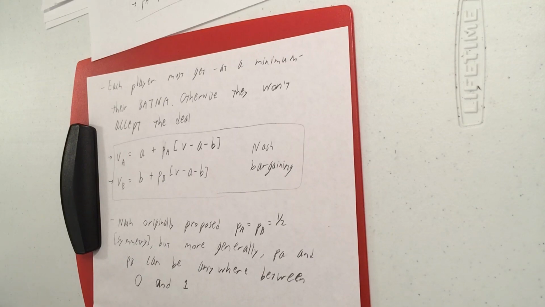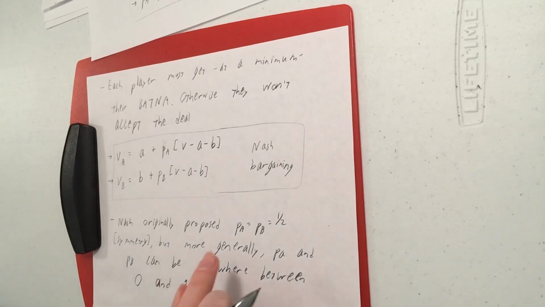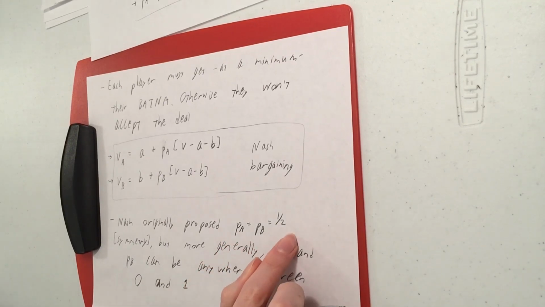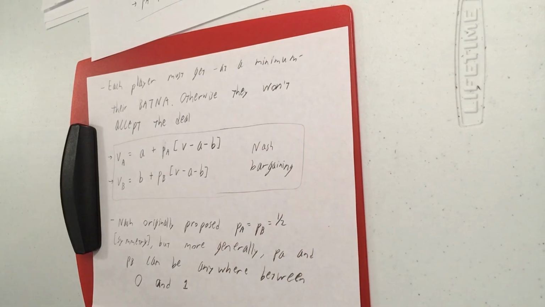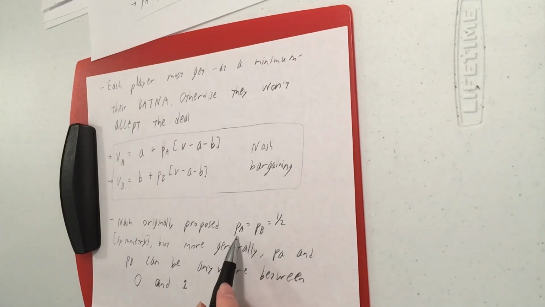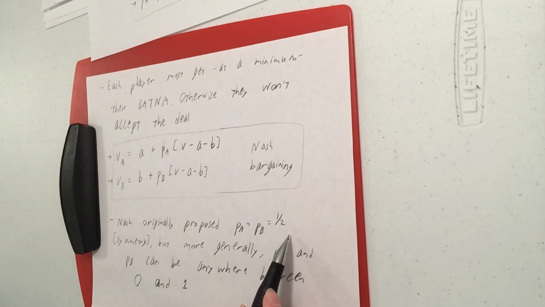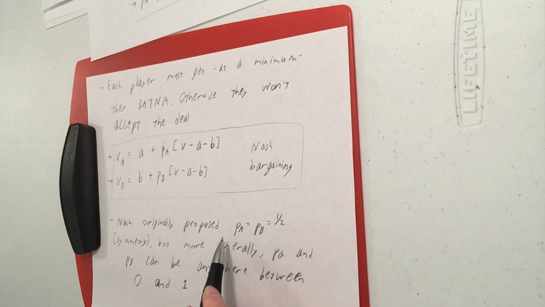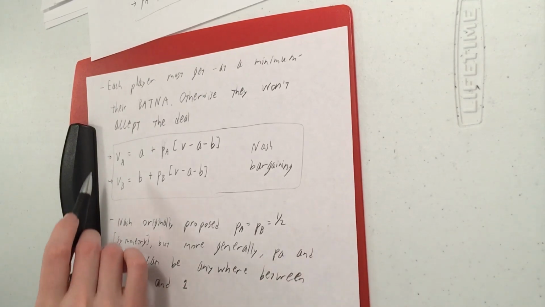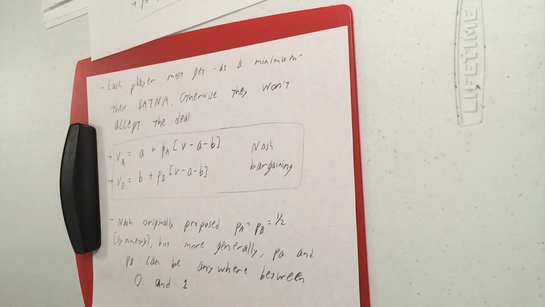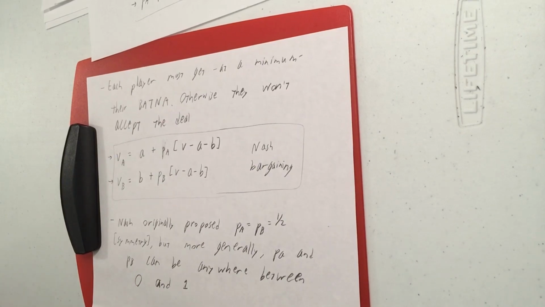Now, to be clear, if you do impose PA and PB being equal, that does not necessarily mean each player gets the same amount. It means they get the same fraction of the surplus. But remember, you also get your BATNAs on top of that. So the BATNAs are different. The total amounts the players get will be different, even if they're splitting up the surplus evenly.